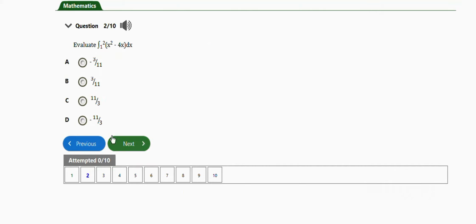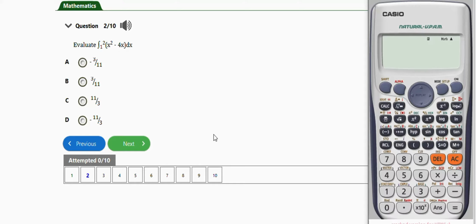The next question says evaluate this. Let's use the calculator and solve this. We are still working with the same setting on the calculator. This is still a definite integral with an upper and lower limit. So we press the integral sign button. The upper limit this time around is 2, and the lower limit is 1.